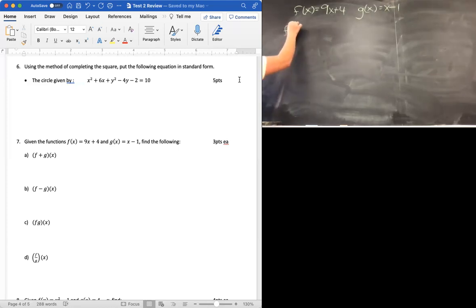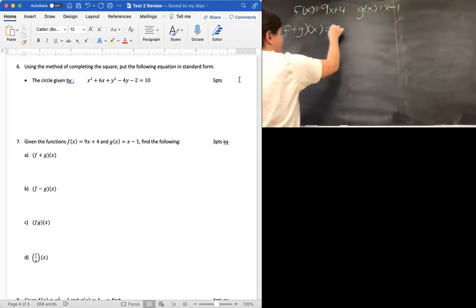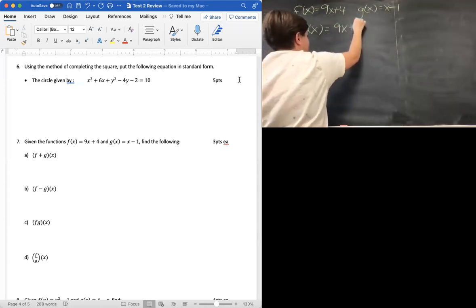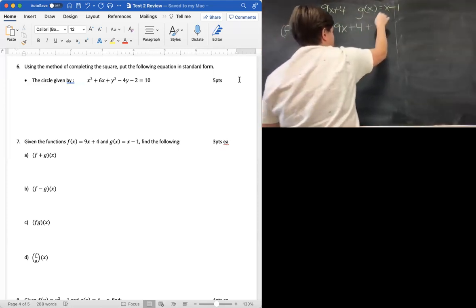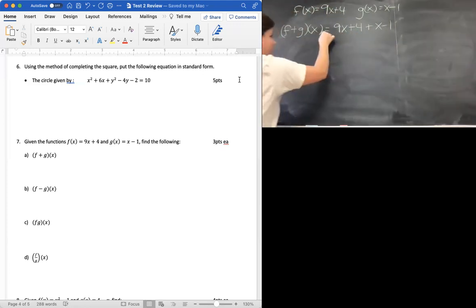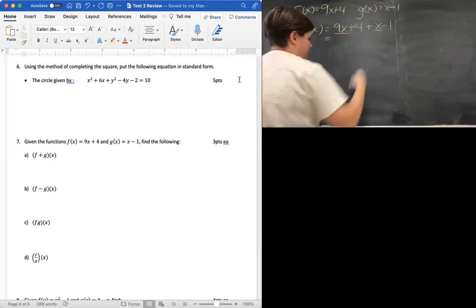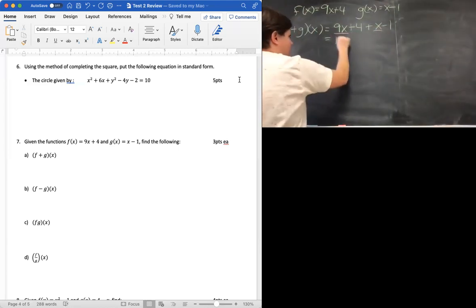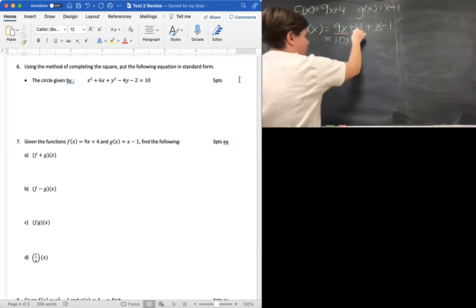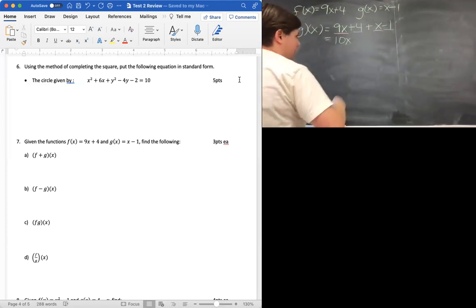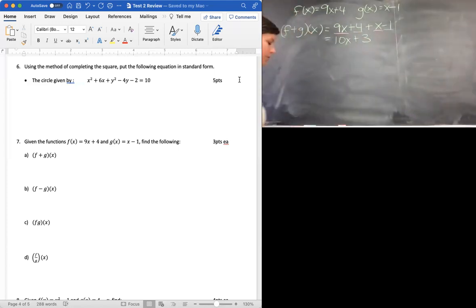If we have f plus g of x, that's part A. We are just combining them. So we write f of x, which is 9x plus 4, and then plus g of x, which is x minus 1. 9x and x give me 10x, and 4 take away 1 gives me 3. So you get 10x plus 3.